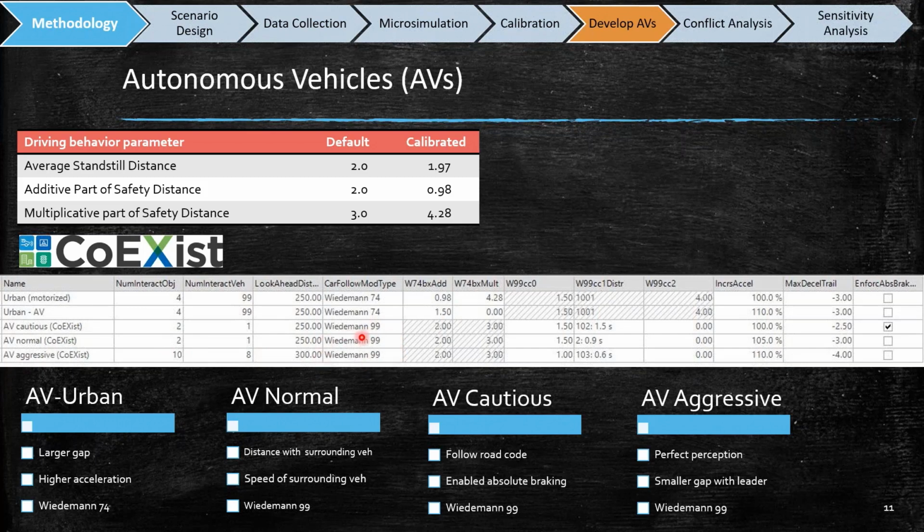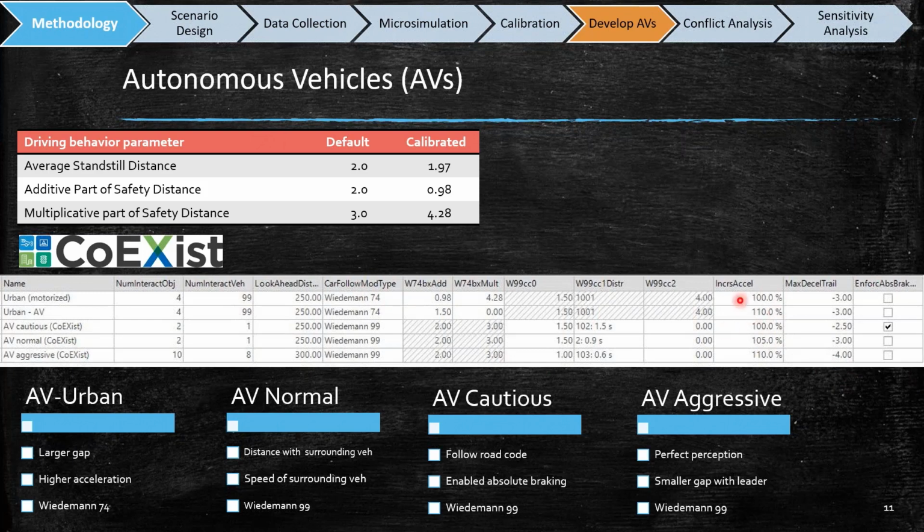As long as they follow the Wiedemann 99, they don't need to be calibrated, because it's AV and we don't have any actual data for that. We refer to the results of the CoExist project, which evaluated with Vissim simulation the parameters such as the standstill distance and other parameters for Wiedemann 99, and we also use the calibrated parameters for the conventional vehicle that we have here.